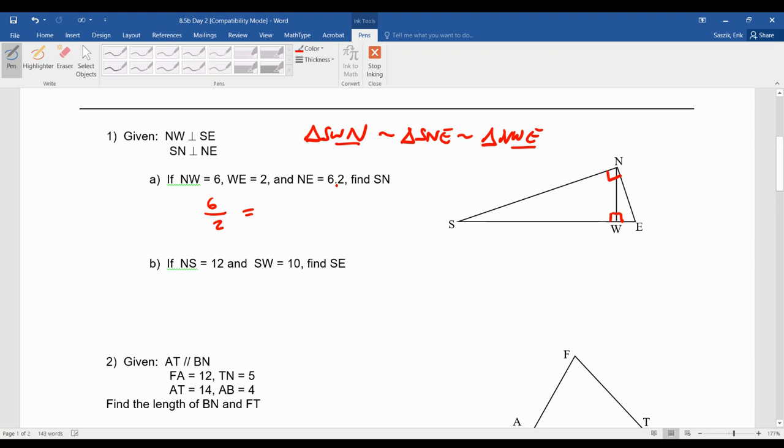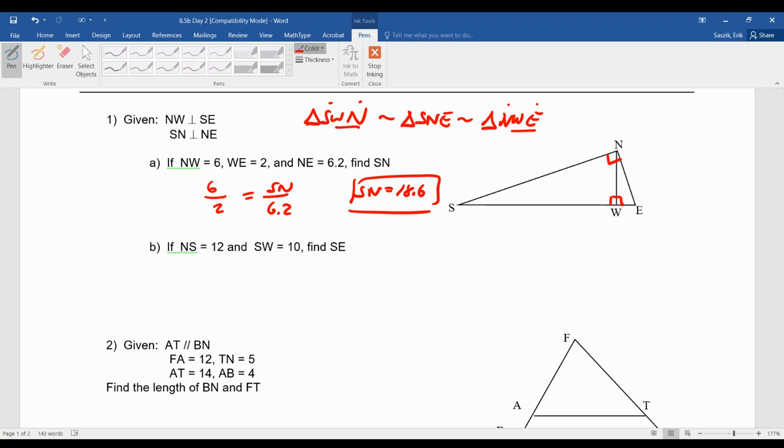We're given NE, so I'm going to have to put that on the bottom, and that matches up to SN right there, right? Okay, and then you cross and solve, and you get SN equals 18.6. You got to be careful with that matchup.